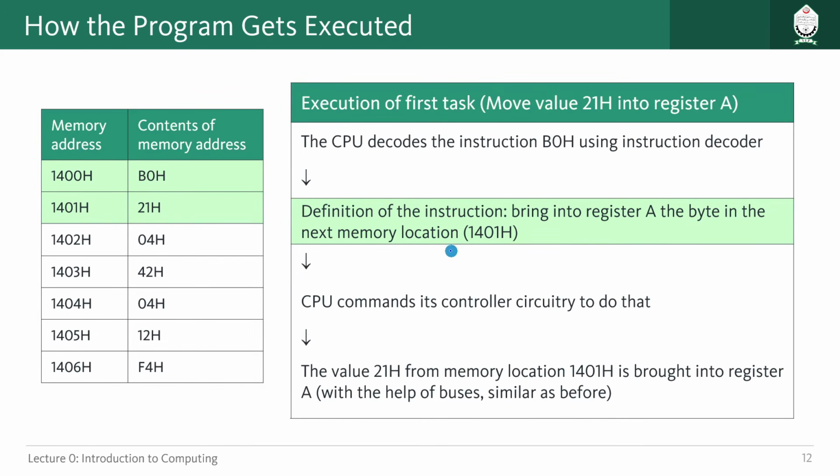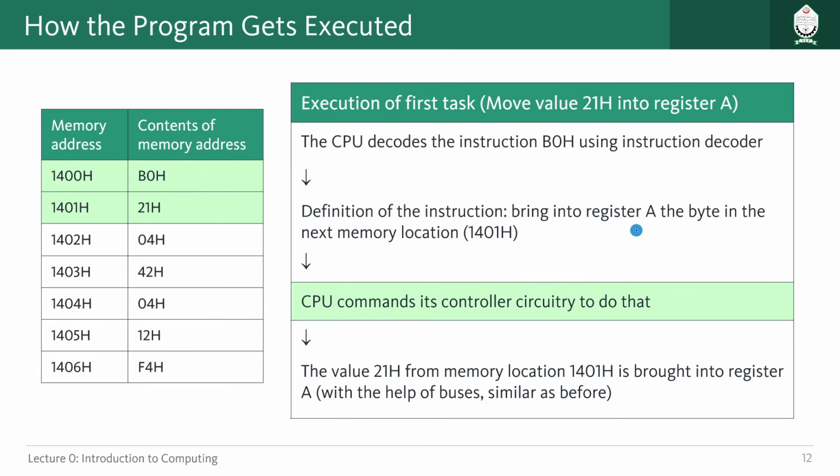So whatever 8-bit data you get in the next memory location, which is 1401H, bring that and store it into register A. Based on that, the CPU will command its controller circuitry, like in the controller sequencer where we controlled different portions of the SAP-1 using 13 different bits. Similar thing here, to make this happen.